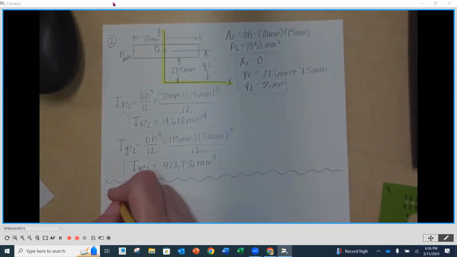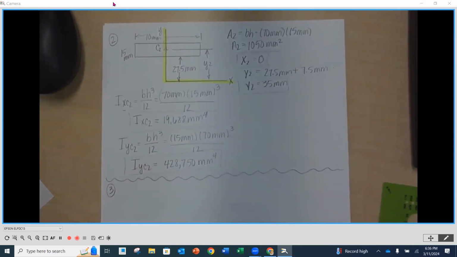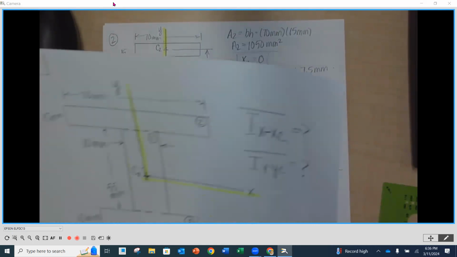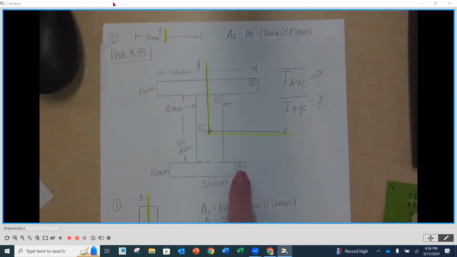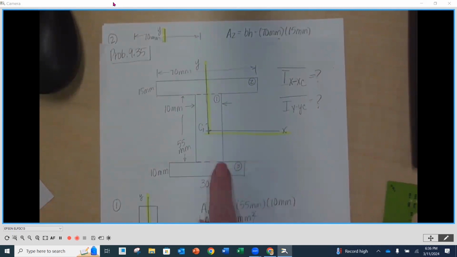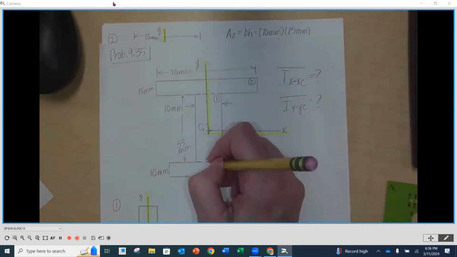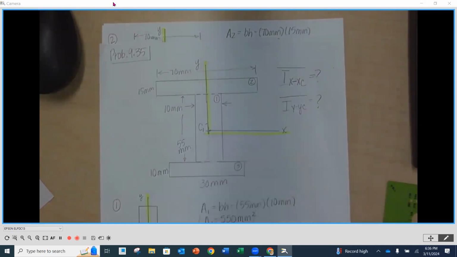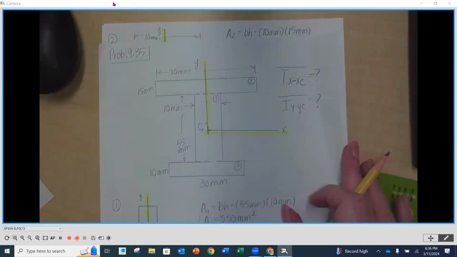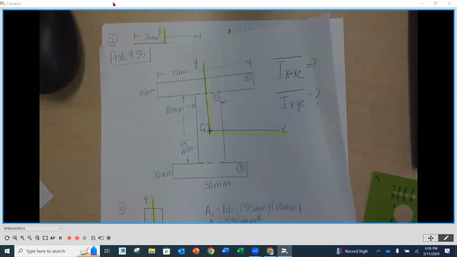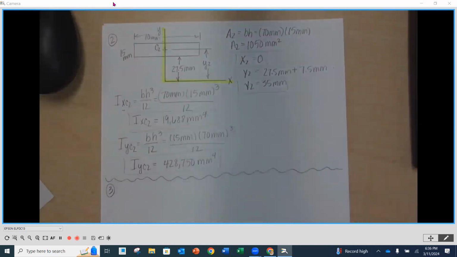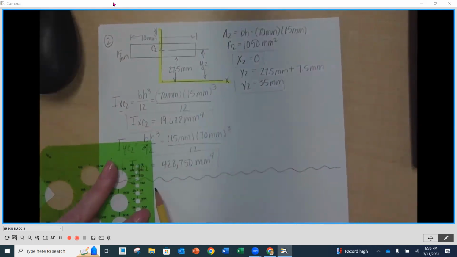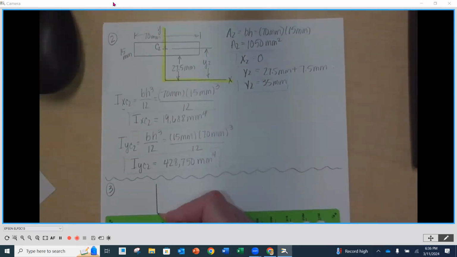Okay, shape number 3. We go back to our original. We're looking at this one down here, so it's going to be down below the reference axis. This centroidal axis is going to go right through the center, even though mine looks offset, but as you know, it's evenly distributed. So let's draw our X and Y axes. I'm going to draw this up here a little bit.